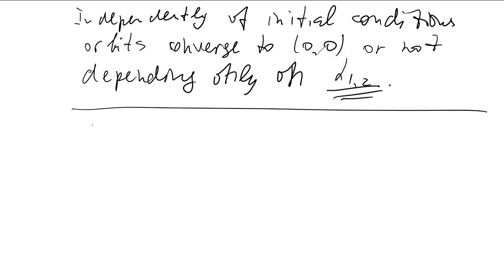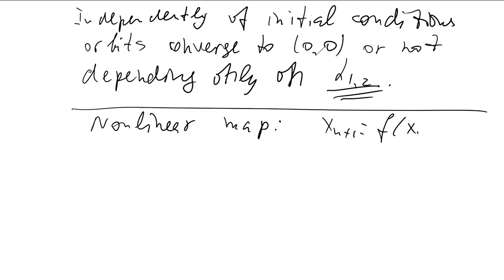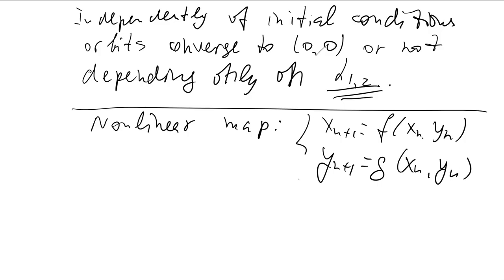And now let's talk about a nonlinear map. x n plus 1 equals f of x n, y n, y n plus 1 equals g of x n, y n.